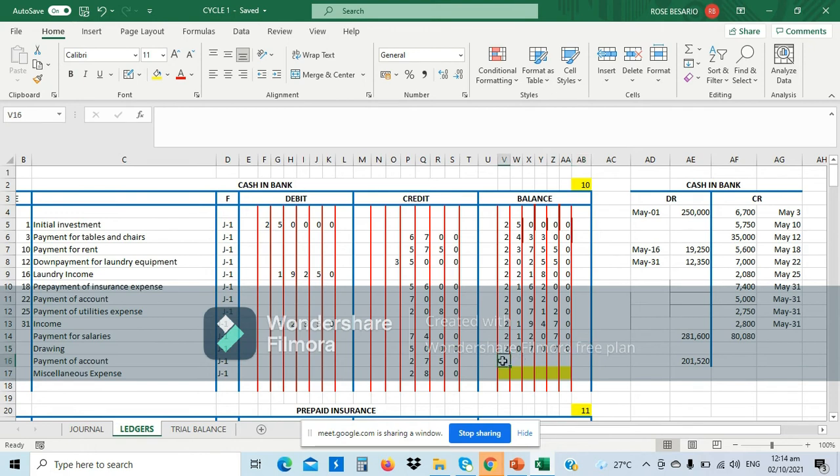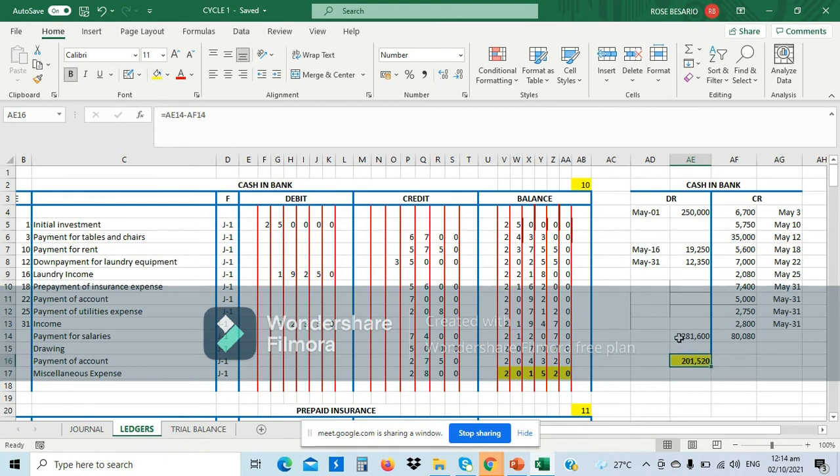Then we deduct 2,750. That is equal to 204,320. Then minus 2,800. Okay, so we got the same figure. So you have 201,520. Okay, here it's possible to make mistakes. So we have 201,520 here. So we have now an equal amount.